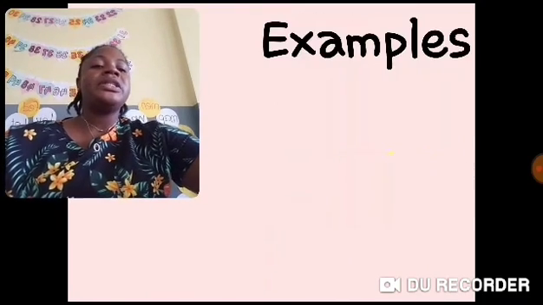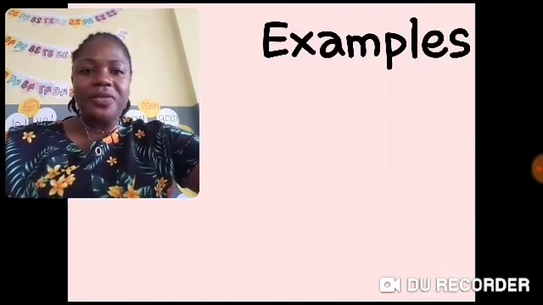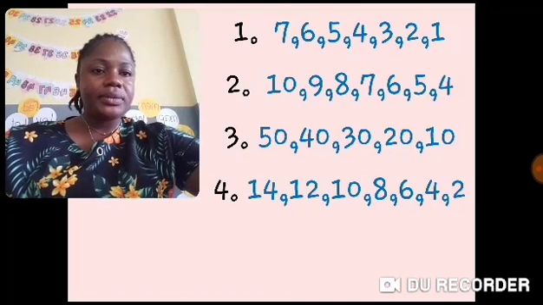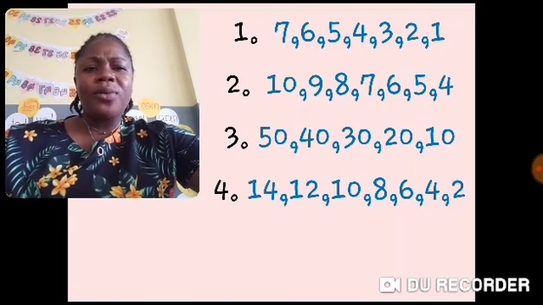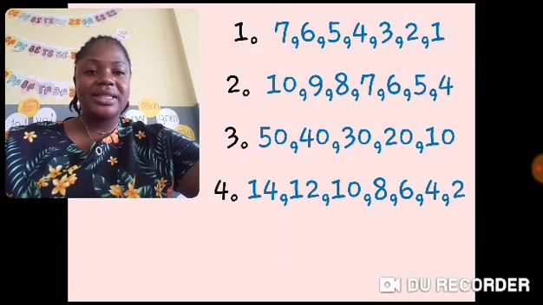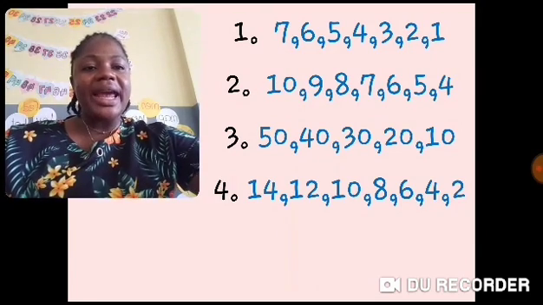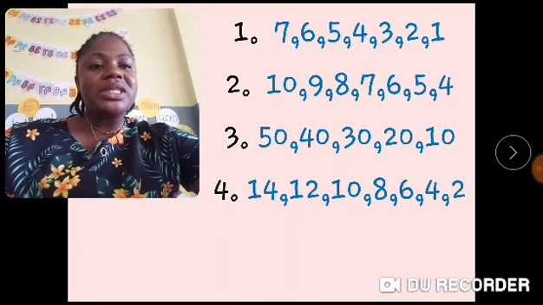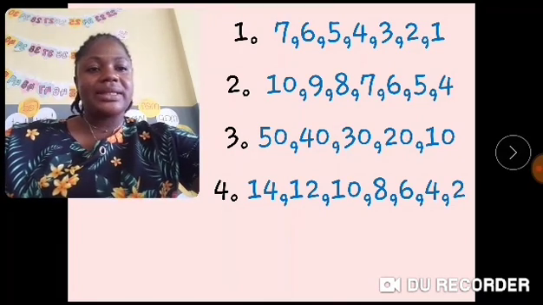Okay. So let's take examples of descending order of numbers. Now, what can you see in these numbers? You can see that the numbers are starting with the biggest.